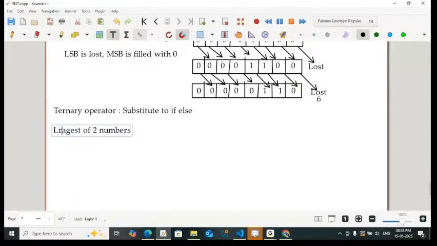To check the largest of two numbers, we will make use of one if condition. Assume I have two integer variables num1 and num2.